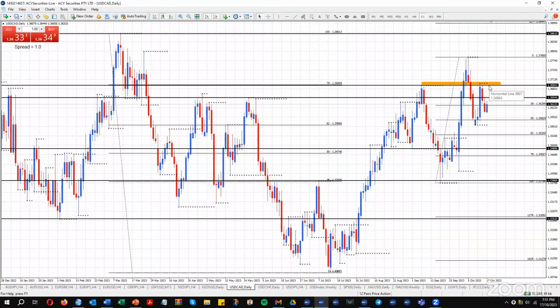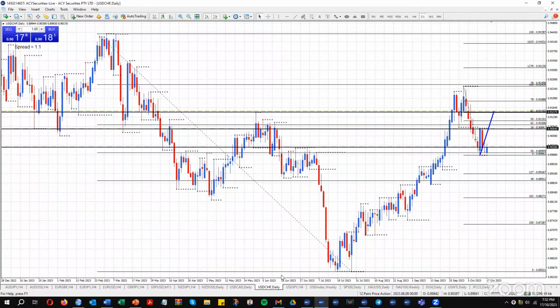It's been above it, but it can't hold above it. So, quite clear the sellers are up there at that level at the moment. All right. And if we are going to have further strength on oil, that's positive for the Canadian side as well. So that's my thoughts on dollar CAD at the moment.